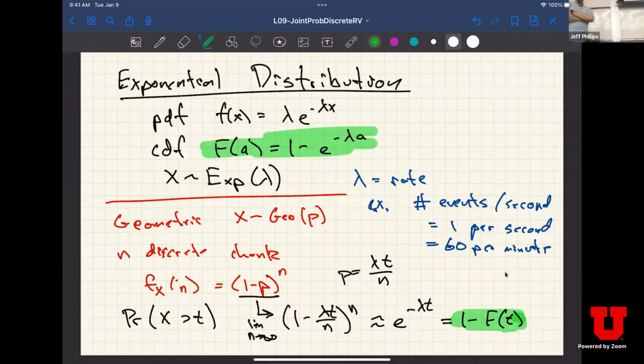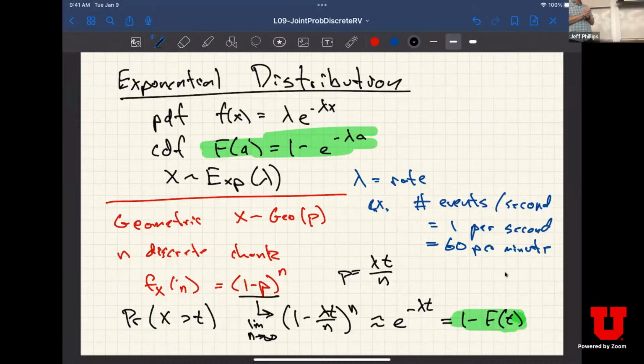Again, this goes back to there being two different versions of the geometric distribution. One is where I'm counting the number of failures until I get a success, and the other is the number of trials until the last one is the success.